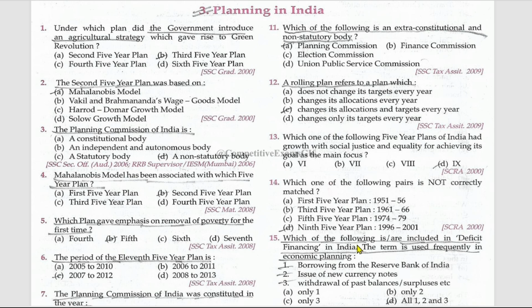During these five-year plans, there have been gap years. How many gap years have there been, during which years, and who was the prime minister during those gap years? Mention all of these in the comments.